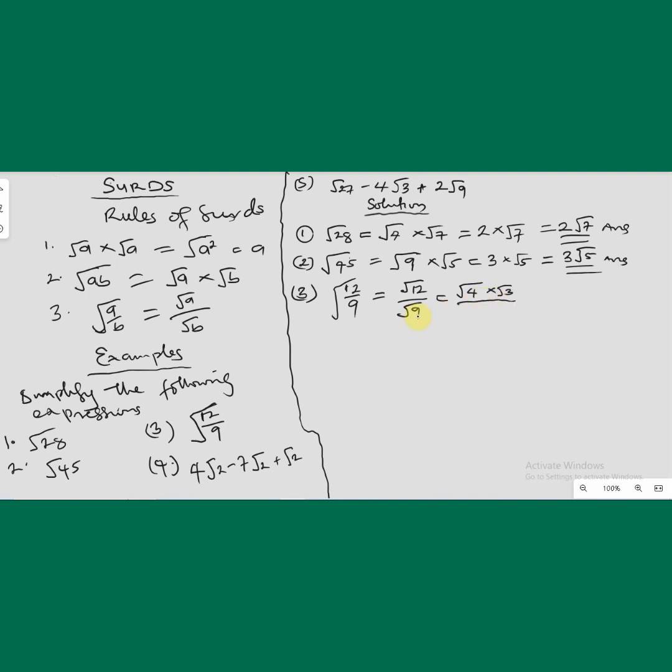Already square root of 9 is 3. I'll write 3 here. Now, looking at the numerator, I have surd 4 here, so it's going to be 2 surd 3 divided by 3. So this is supposed to be the answer.